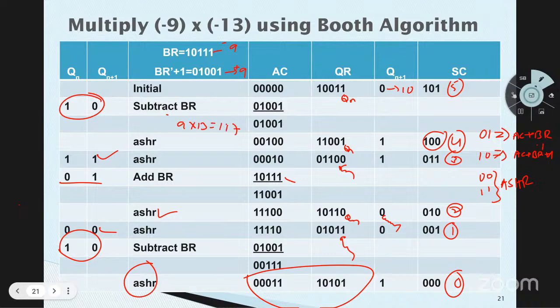What is the 117 value? Convert this to decimal number. Write the binary equivalent value. Tell me the 117 binary equivalent value.